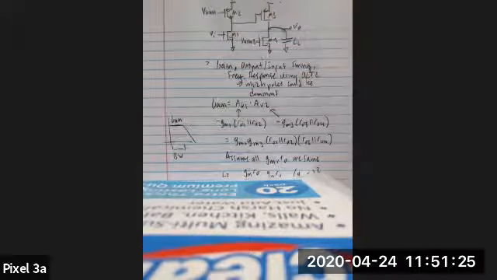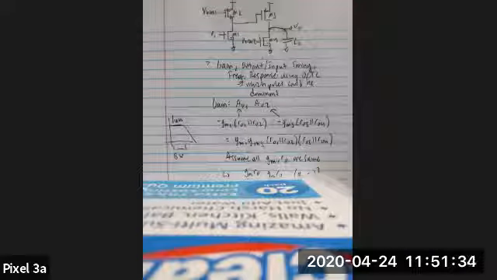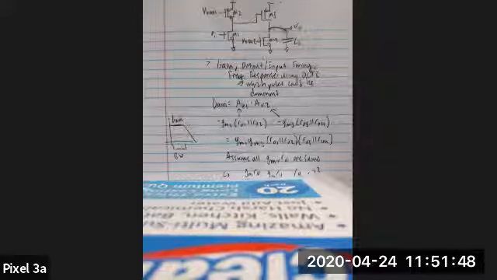So for the output swing limit, it's VDD minus the overdrive voltage of these two transistors, and having two stages here doesn't really change that because we can treat them independently.